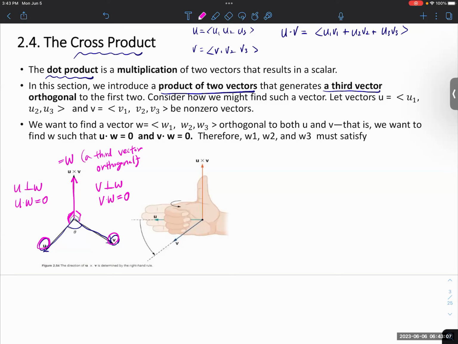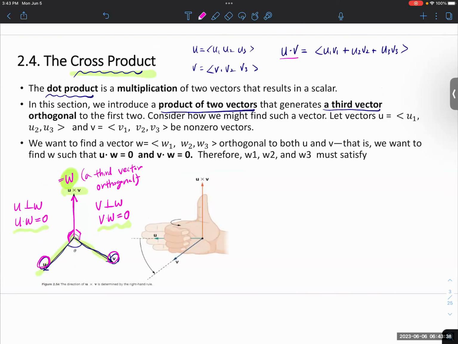If you can find this unique vector w, which is the multiplication of u and v, the given two vectors, and you can find the 90 degrees, this is how we find the orthogonal relationship among u, w, and v. That multiplication we call the cross product, which is different from the dot product.